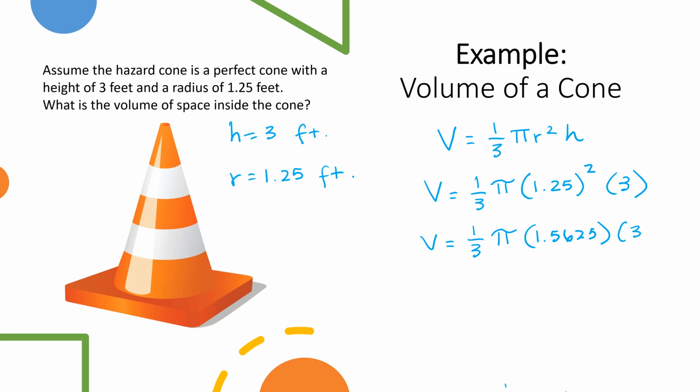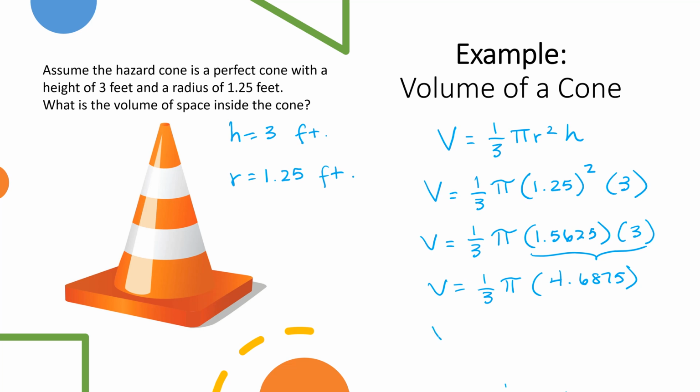And then we're still multiplying by 3. So let's do this multiplication next. Now we have V equals 1/3 pi times 1.5625 times 3 is 4.6875.